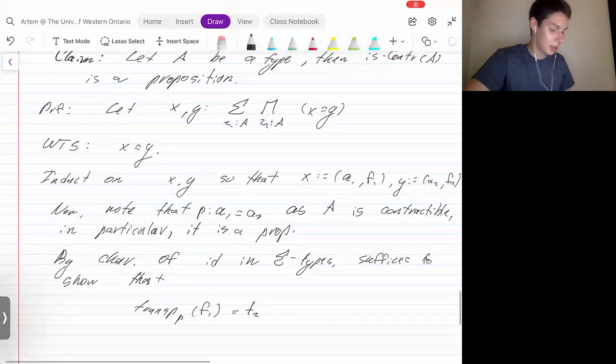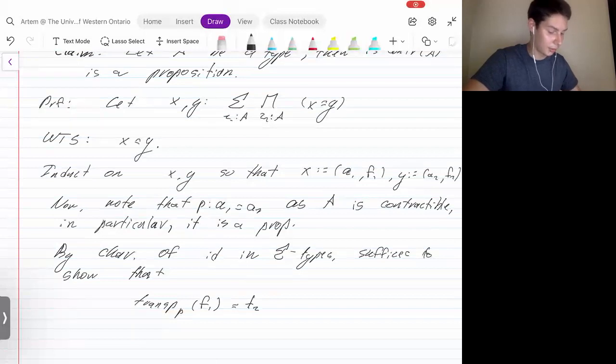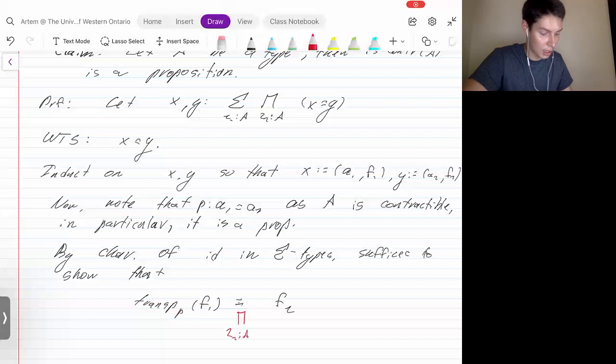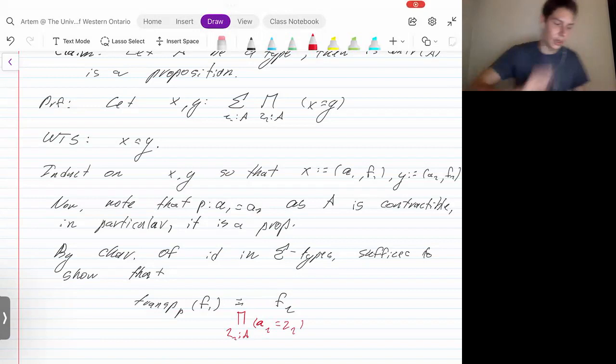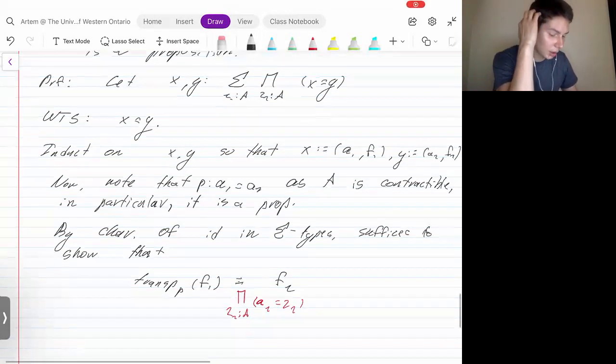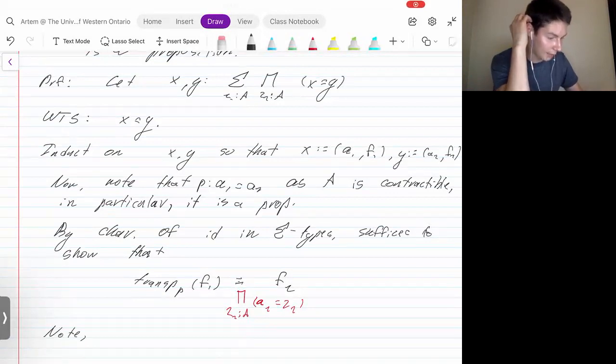So where is this all happening? This is happening in the function space of Z2 and A, and A2 is equal to Z2, yeah? So note, what do we have?